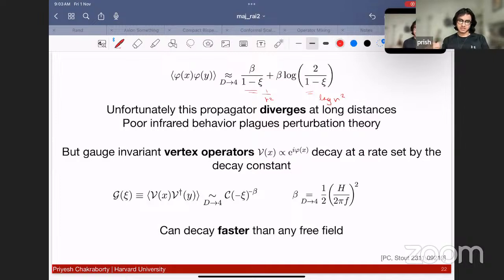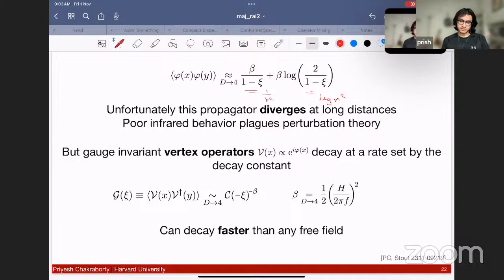As in 2-dimensional flat space, what this is telling you is that this phi propagator is bad because it grows, it doesn't decay in the infrared. So it plagues your perturbation theory and introduces a bunch of infrared divergences. But in the compact scalar case, this is kind of expected, right?